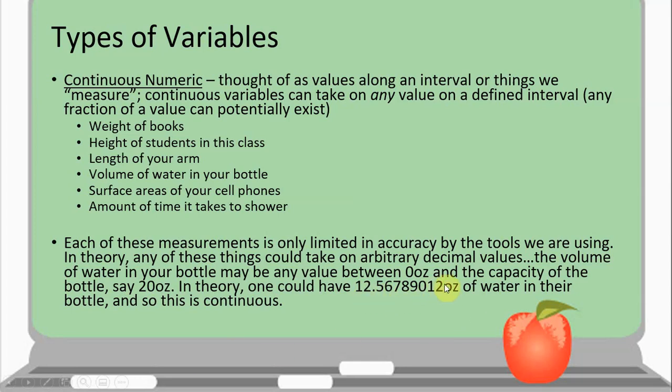The decimal could even keep going, but it's our measurement instrument that limits how far the decimal goes. In theory, we could have any amount of water between 12 and 13 ounces, and this is something we measure. This is continuous. So weight, height, distance in general, volume, surface area, time, these are all thought of as continuous numeric variables.